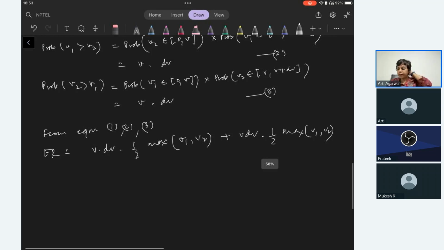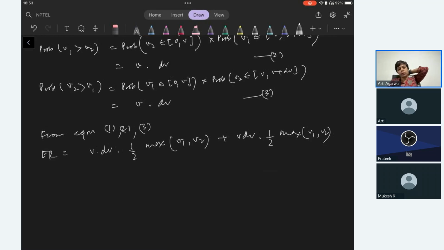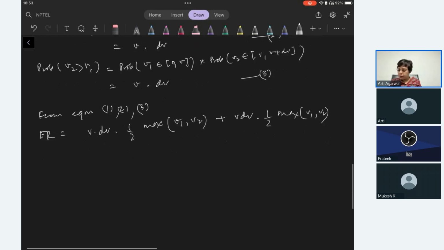And this is the limiting case we were taking, when V1 is just greater than V2 or V2 is just greater than V1, right? So then in this case, we can just simplify this. We have written a whole lot of things here.